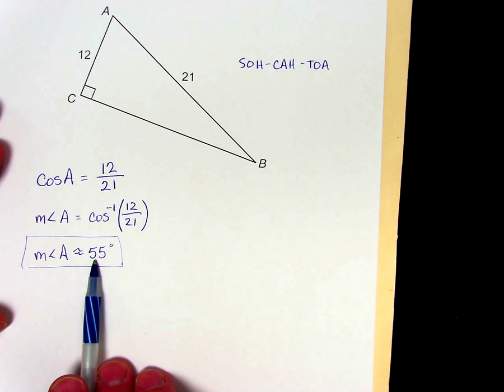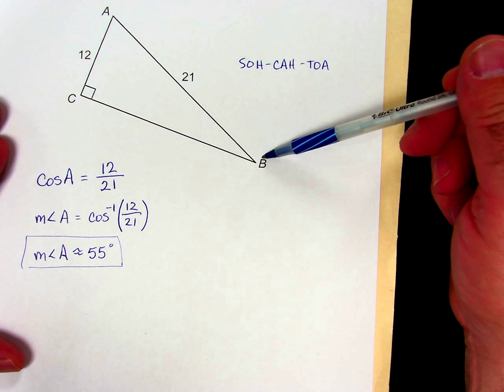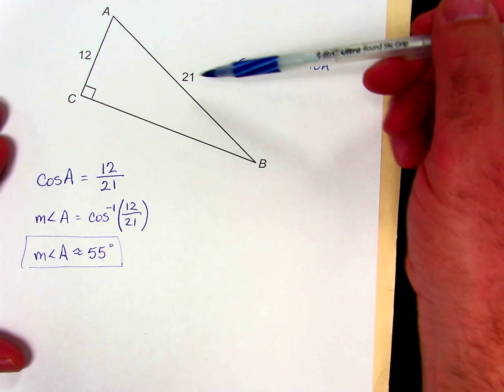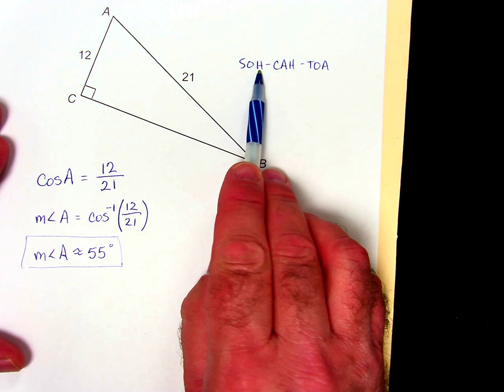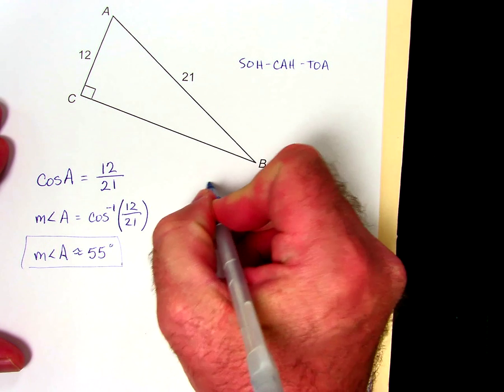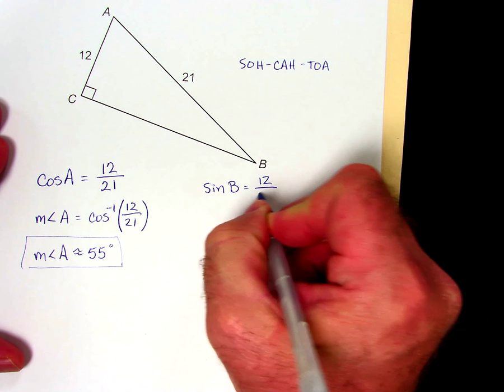Remember, we want to try not to have to use a rounded value to do a calculation. 55 degrees is a rounded value. So for angle B, 12 is the opposite leg, 21 is the hypotenuse. Opposite, hypotenuse, that's the sine. So the sine of B is equal to 12 divided by 21.